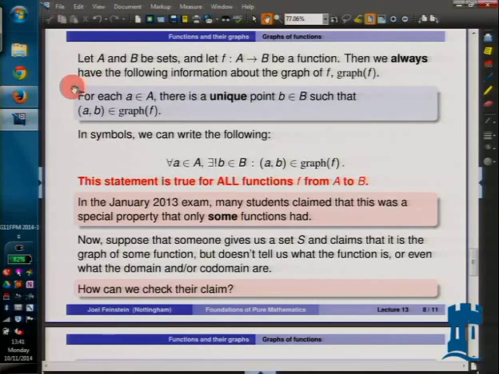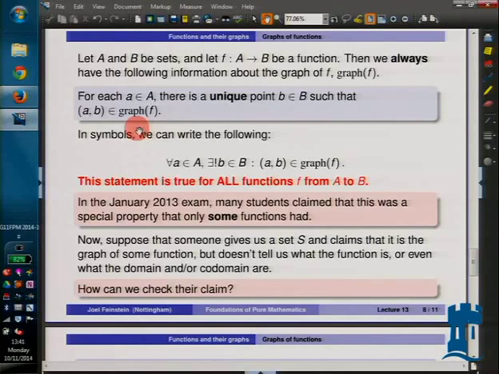So now you've got sets A and B, and you've got a function. The graph has the following property: for every a in A, there's always a unique b in B with (a, b) in the graph. You can think of that as talking about how many times a vertical line crosses the graph.